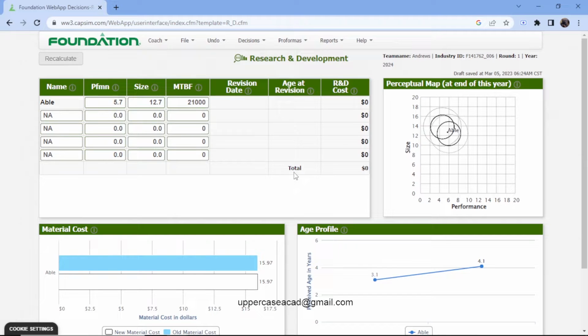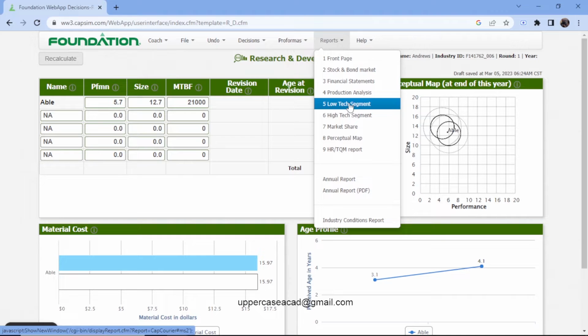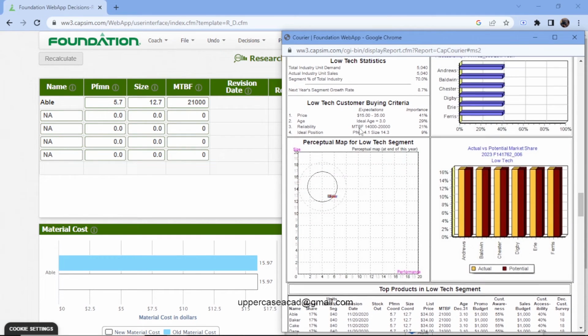If you look at your screen, we see that we have one product, which is the R&D product, and it is selling in both the low-tech and the high-tech market segments. If we look at the customer buying criteria of the low-tech products, price has an importance of 41%, age 29%, reliability 21%, and ideal positioning 9%.